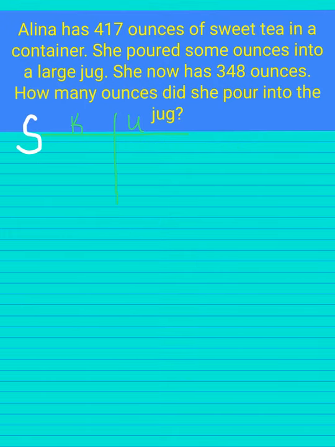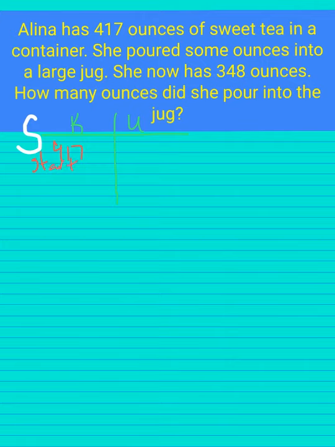Let's move on to our example for today's problem. We're going to stick with Alina for a reason. Okay, we've got Alina has 417 ounces of sweet tea in a container. She poured some ounces into a large jug. She now has 348 ounces. How many ounces did she pour into the jug? Okay, so let's stick with it. 417 ounces was her start.